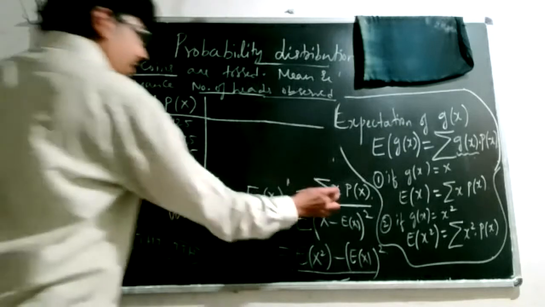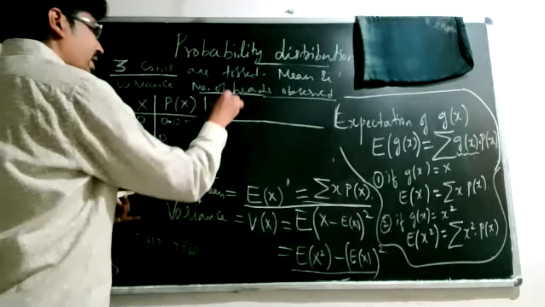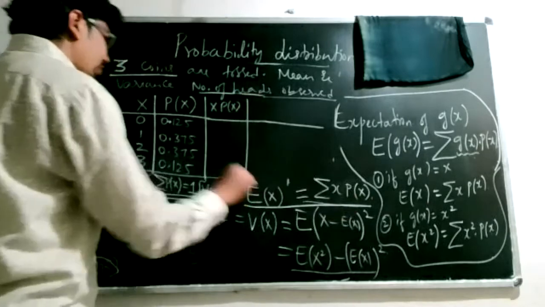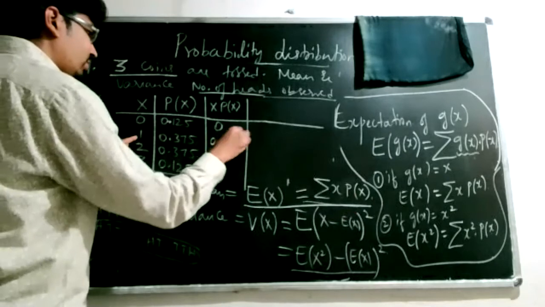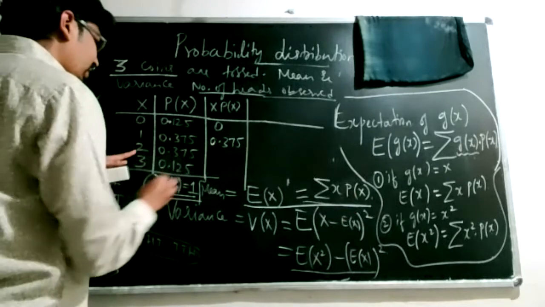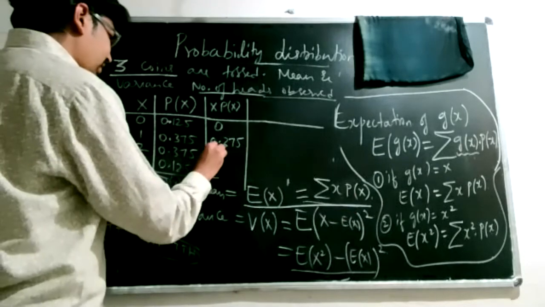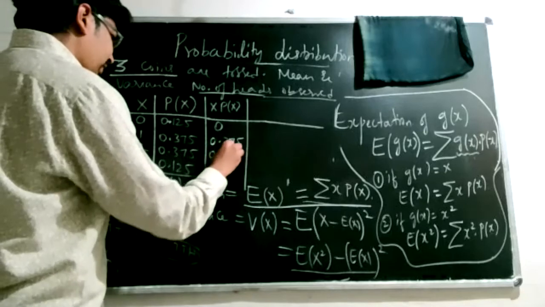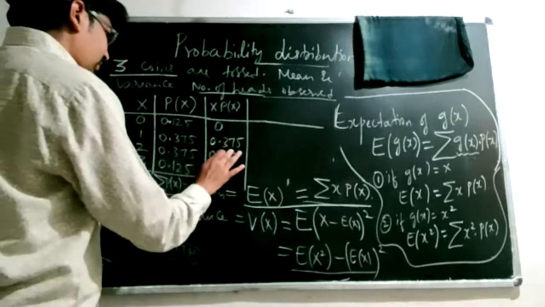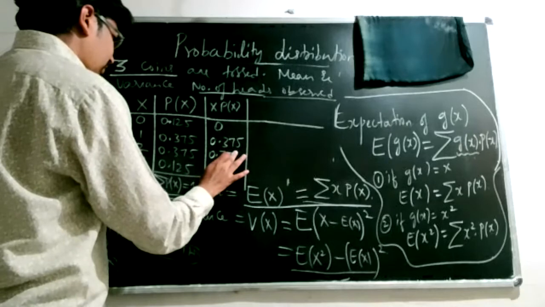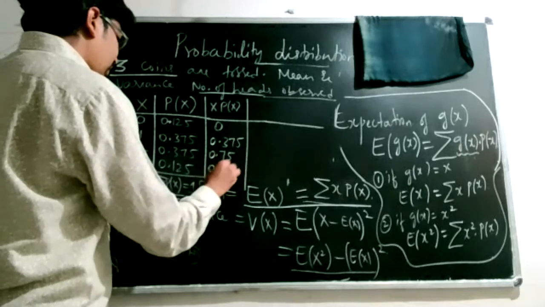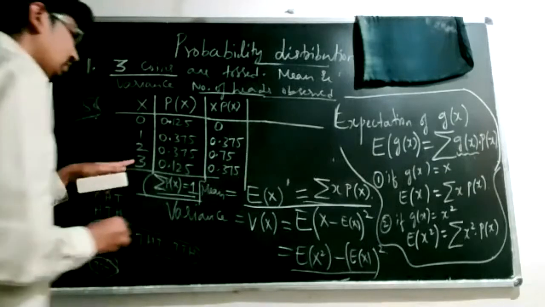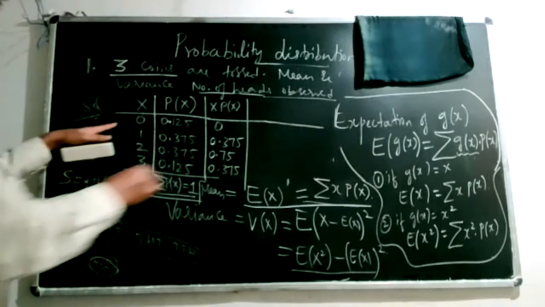So I have to multiply the values of x and px and obtain the total. So I'll have 0 into 0.125, 1 into 0.375, 2 into 0.375, which is 0.75, and then 3 into 0.125, which is 0.375.